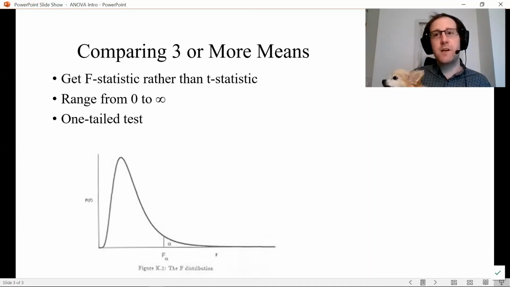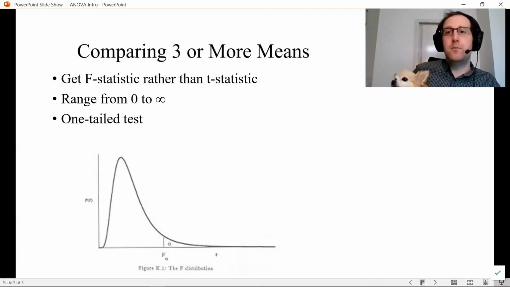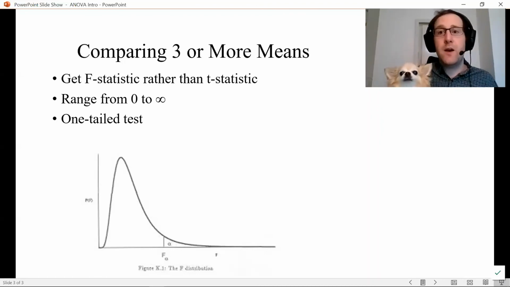And then we're going to be doing a test, which is a one-tailed test in this instance. So for it to be within a certain extreme of a value, for an F test, it has to be above a certain value. So anything below that critical value for an F will not be statistically significant. Anything above that will be statistically significant.